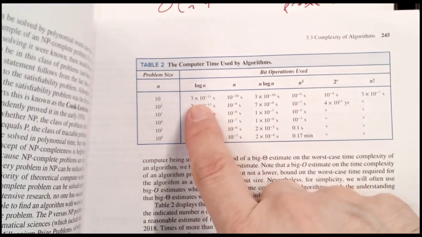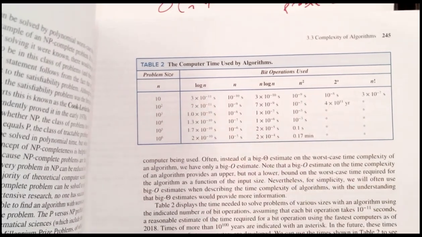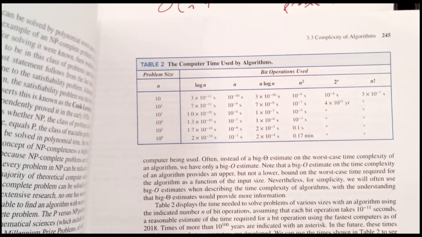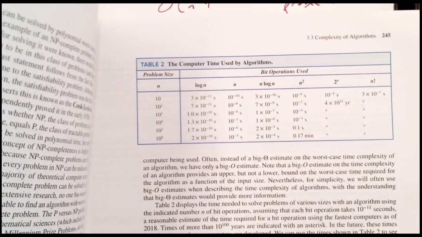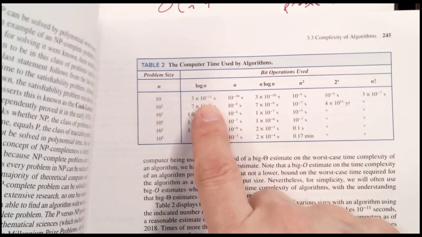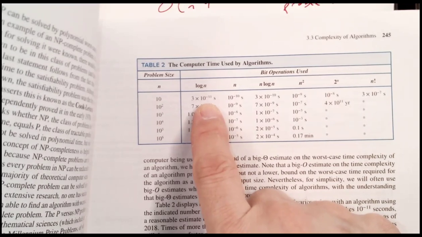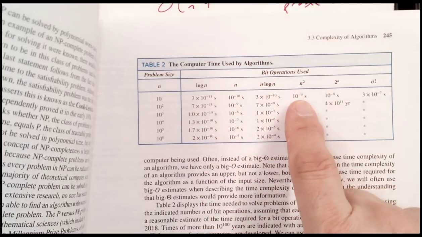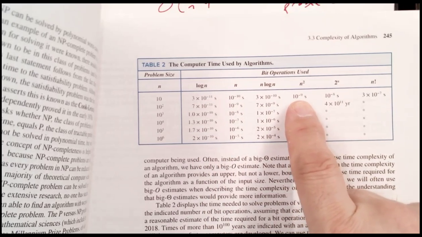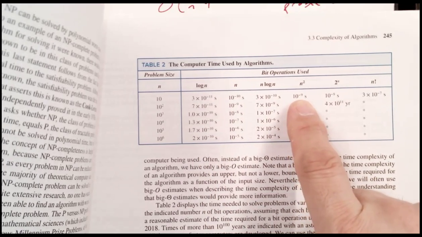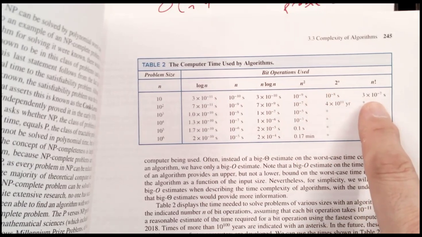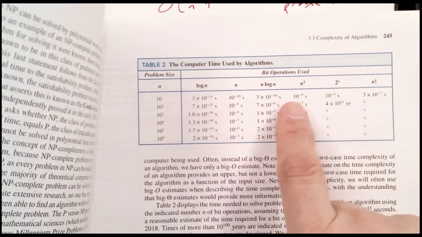So it'll take 3 operations. 3 operations at a nanosecond each, right? 1 billion operations a second is a really, really small amount of time. But if my 10 operations is instead big O of n squared, that's still a tiny amount of time. But if it's n factorial, it's now microseconds instead of nanoseconds.